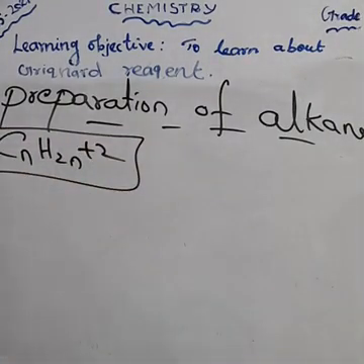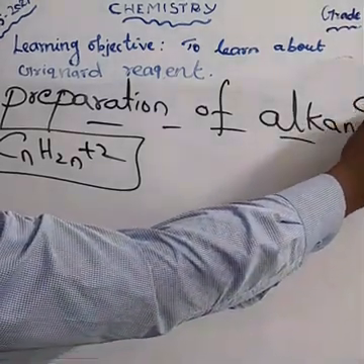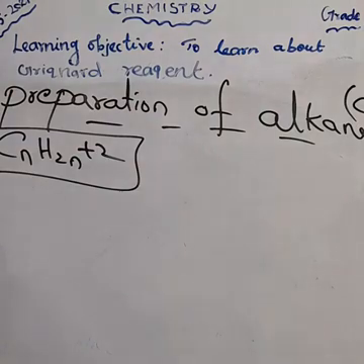I am taking methane, that is CH4. How is the alkane methane prepared by the synthetic use of methyl magnesium iodide?